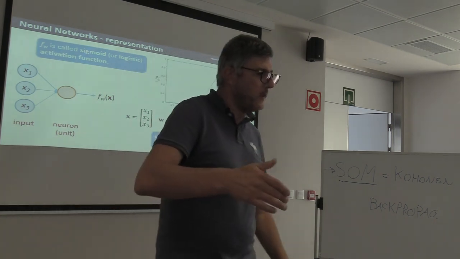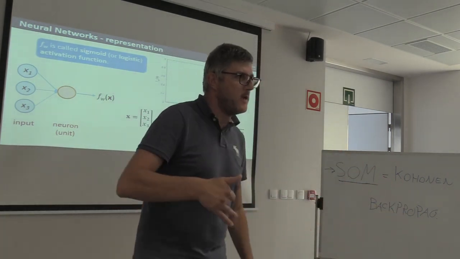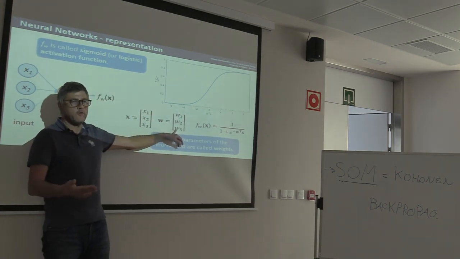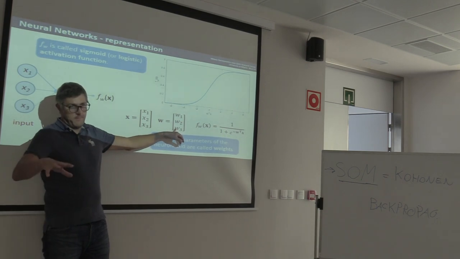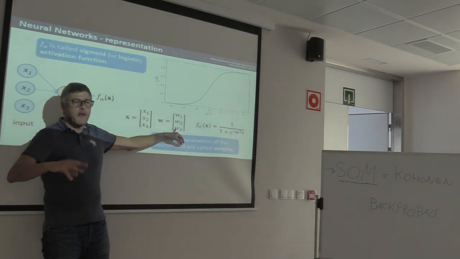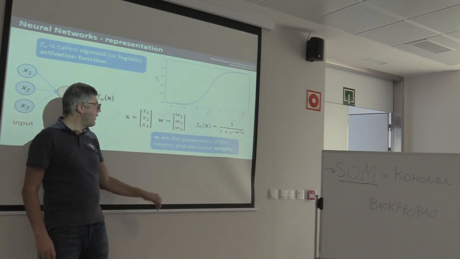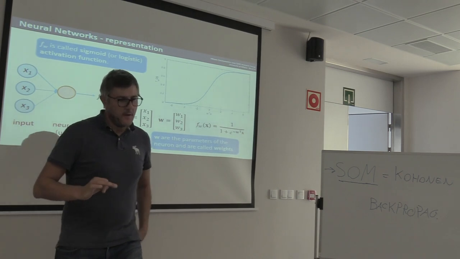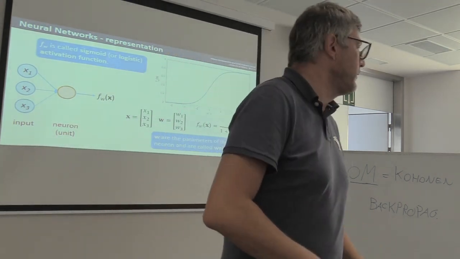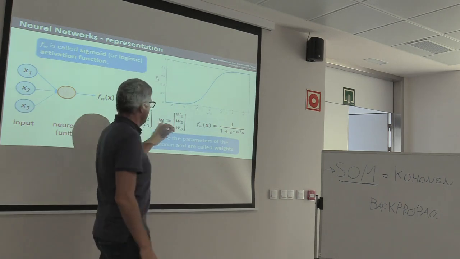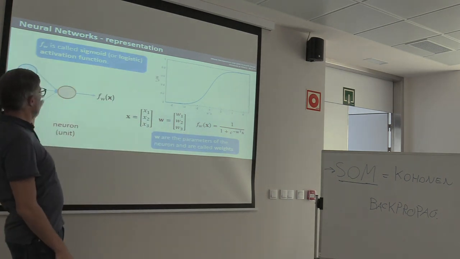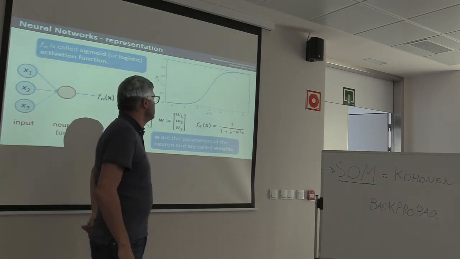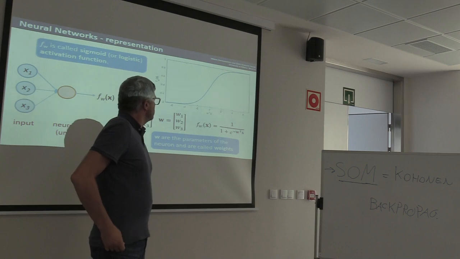When we did support vector machine or PLSDA, these elements of the linear combination are called coefficients. Here, in the neural network language, they are called weights. So the weights are the coefficients of this linear combination between the input and the neuron.